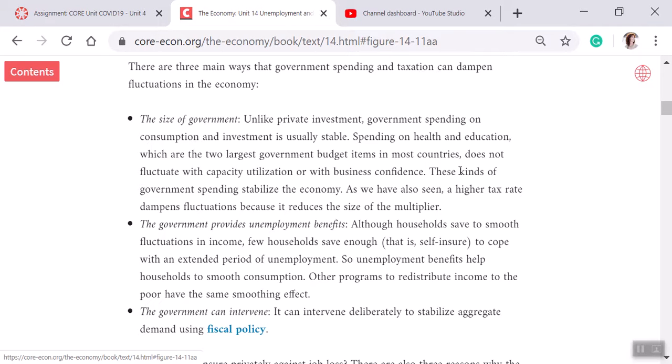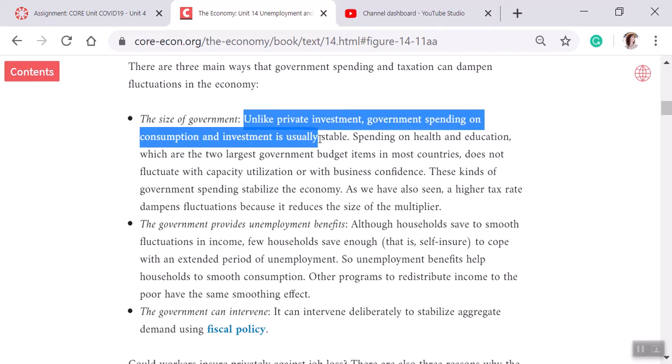He puts a lot more responsibility onto local government. So the size of the central government, for example, right now in the United States is small. But if we look at what the book says, unlike private investment, government spending on consumption and investment is usually stable. Right?